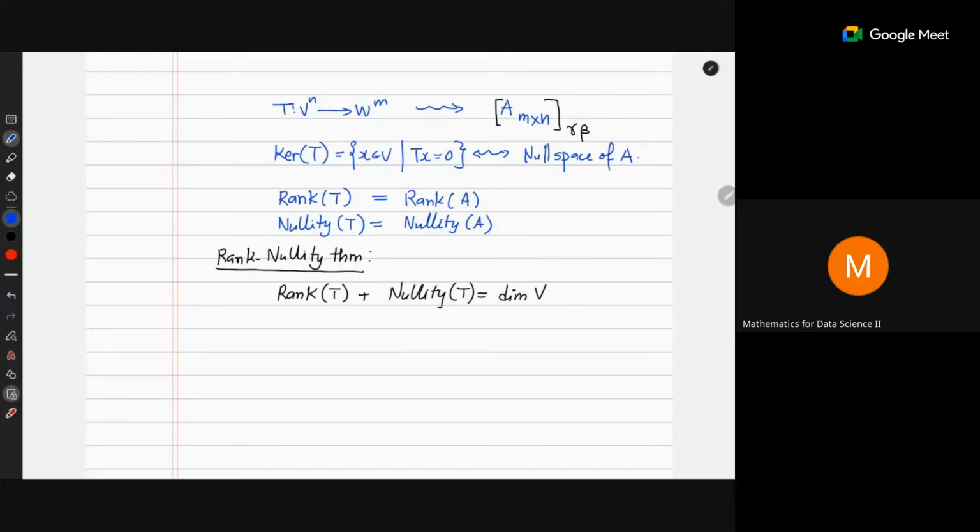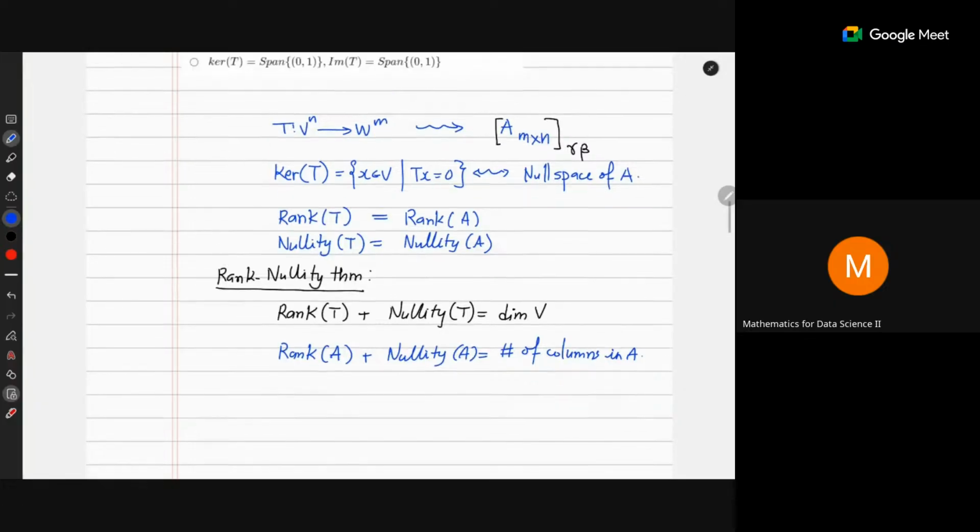In terms of matrix, it is rank of A plus nullity of A equal to the number of columns in A. Now, what is the number of columns in A? It is n in our case. So let us write number of columns of A. All right.